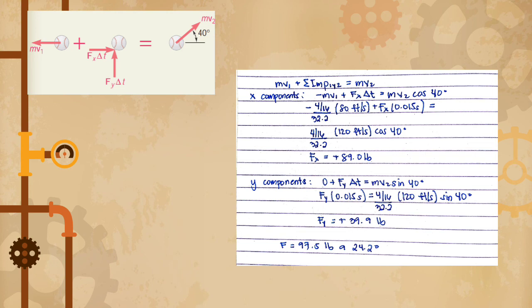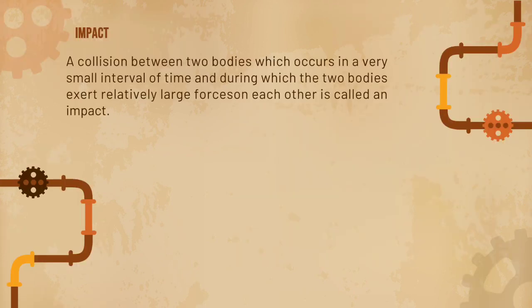From its components F sub x and F sub y, we determine the magnitude and direction of the force, which is F equal to 97.5 pound at the angle 24.2 degrees.